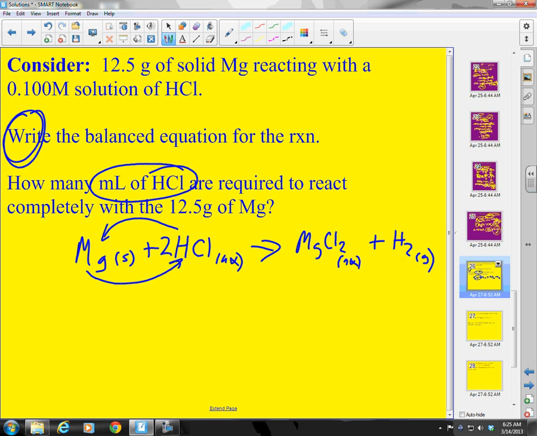Now we're going to work this like any other stoichiometric problem. I start off with 12.5 grams of magnesium. So what do I need to do with that magnesium? I need to make it into moles of magnesium. So moles of magnesium are equal to 12.5 grams times 1 mole per what?